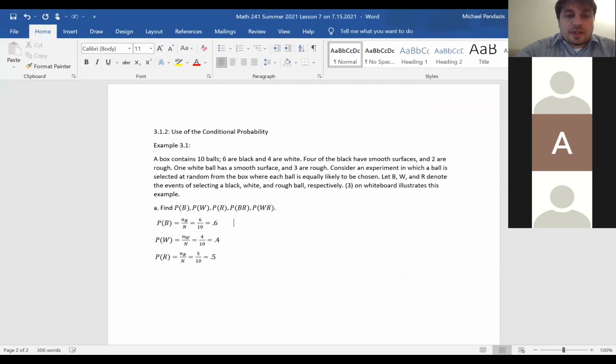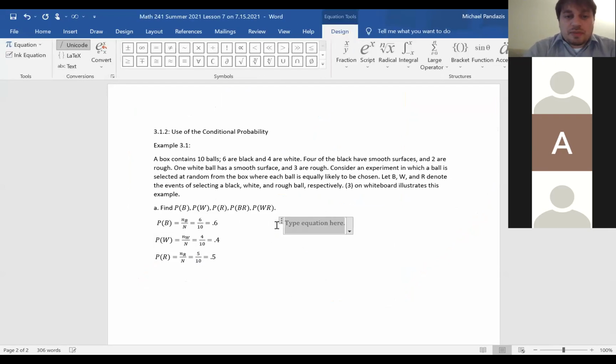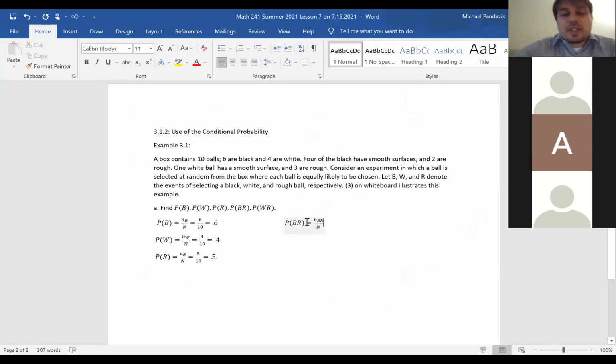And so those are the first 3. The next one is the probability of a black and rough ball. That's equal to N sub BR. You might be unsure of how to write the notation for that. The event is BR, then the subscript is BR, just like if the event is B, the subscript is B. So whatever the event is, N sub, and then you put the name of the event there.